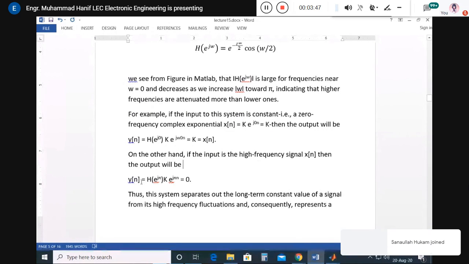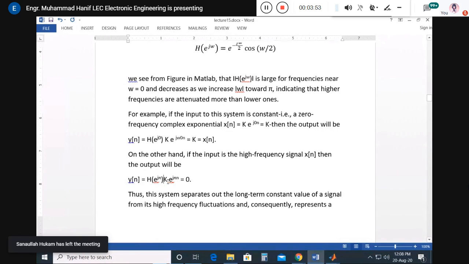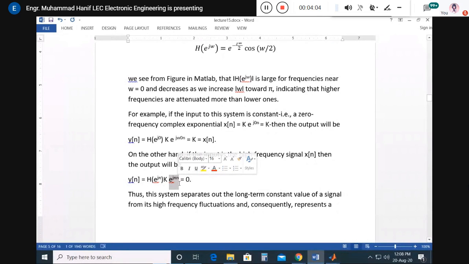So if we put omega is equal to pi, this will be h of e raised to power j pi multiplied by k times e raised to the power j pi n. Now we say that e raised to power j pi n equals plus minus 1. When n is odd, it is minus 1, and when n is even, it is plus 1.